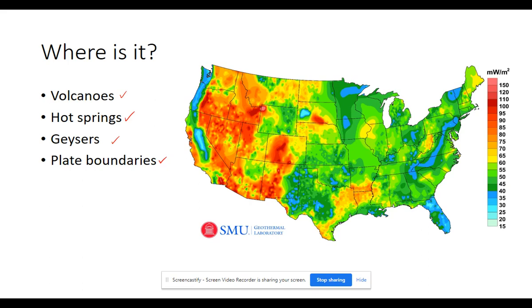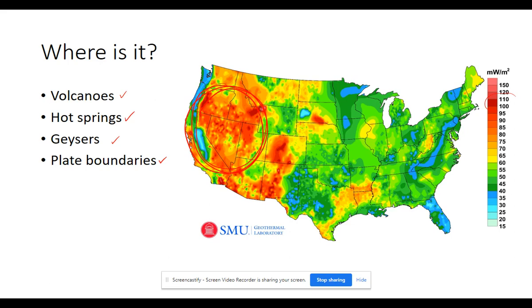So let's take a look at here's a map of the United States. The areas that are hot are going to have more energy than the places that are cold. So when you look at this map, we can generally see that this area right here would be areas that we could use for geothermal energy. We don't have to drill down quite as far to get access to that heat.